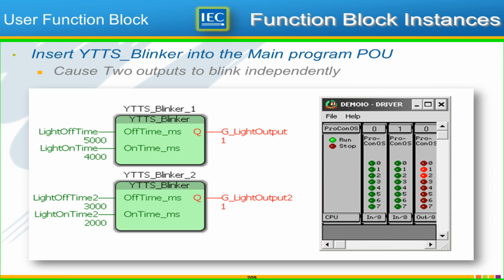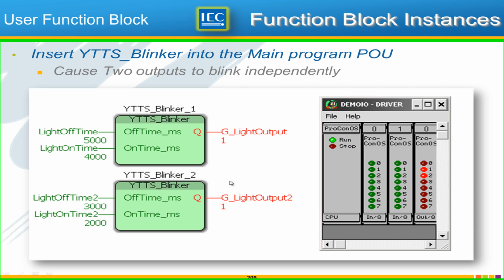Now let's add a little feature to this block where we actually make a light turn on and off. Maybe for a parking garage example, this could be a warning light. But let's review how you would put those to drive a real output. And we'll also see how we can put in multiple instances of the same block. You can have two blinkers operating completely independently because they have their own instance.